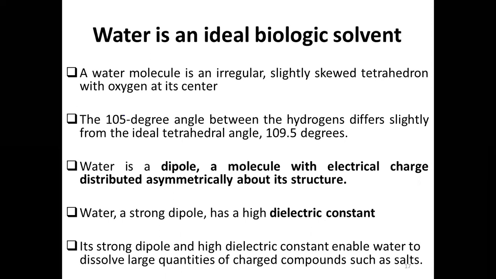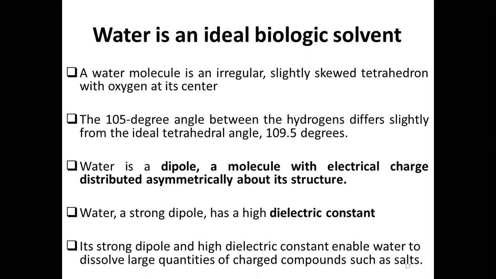I've already mentioned in terms of structure that water has an irregular, slightly skewed structure. This is also referred to as a tetrahedron with oxygen at its center. In first year, you looked at different structures of compounds, and I'm sure you looked at the structure of water as being a tetrahedron that has a bond angle between hydrogen, oxygen, and hydrogen of 104.9 degrees.